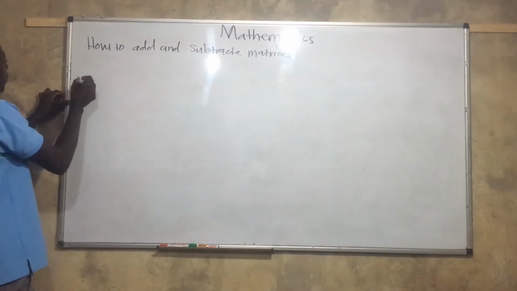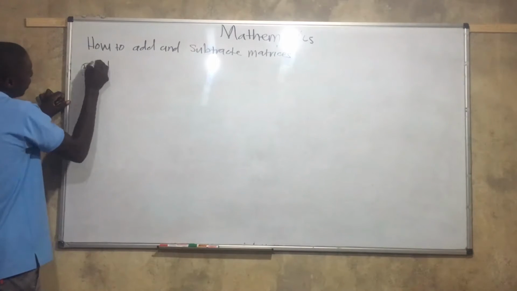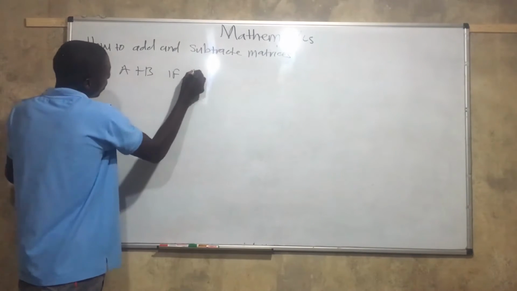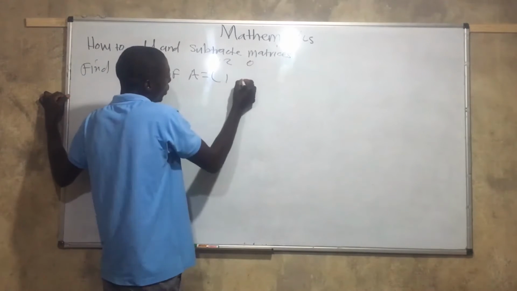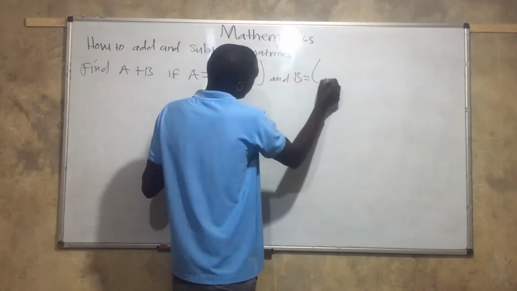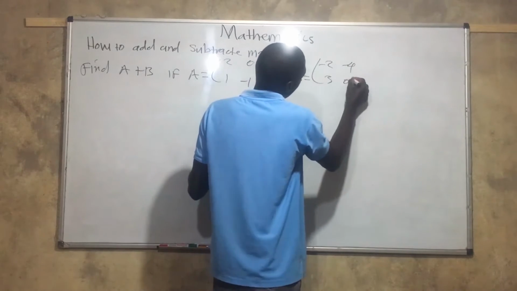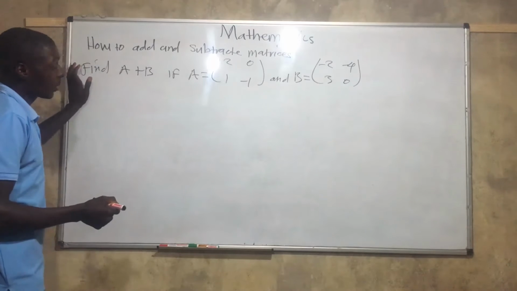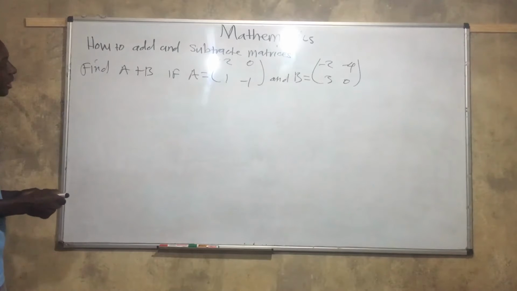For example, find A plus B if matrix A is equal to 2, 1, 0, negative 1, and matrix B is equal to negative 2, 3, negative 4, then 0. So for us to add these two matrices, first we have to know how to identify rows and columns in a given matrix.